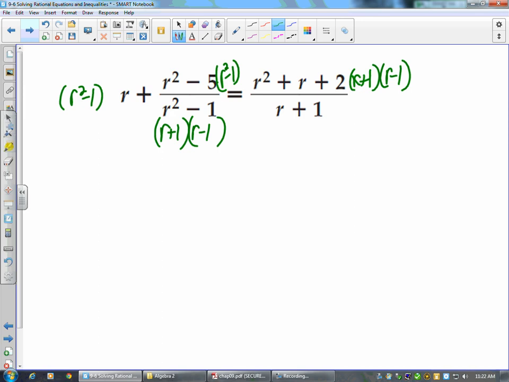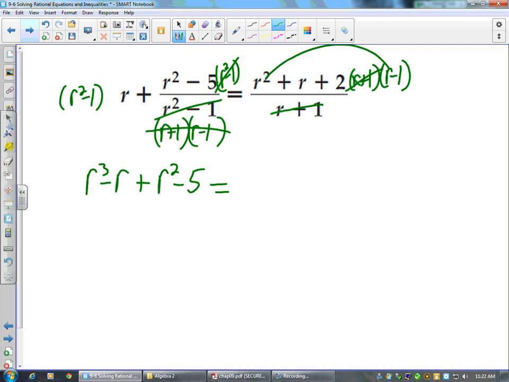Okay, so there's no bottom on here. That gives me an r cubed minus r plus. This cancels that, so the whole bottom's gone. So we're just left with r squared minus 5 equals. And the r plus 1 cancels the r plus 1. You're left with, well, we're going to have to factor it and FOIL it.